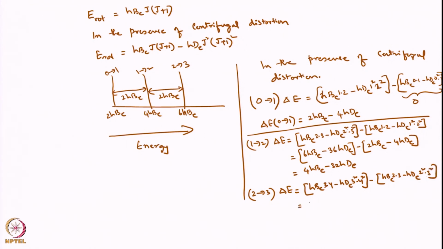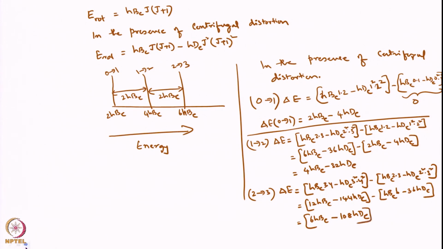So, this will be equal to 12 h B_e minus, 3 squared is 9, 4 squared is 16, so 144 h D_e, minus 6 h B_e minus 36 h D_e. So, this will be 12 minus 6, 6 h B_e, minus 144 minus 36, that is going to be 108. So, this will be 108 h D_e.